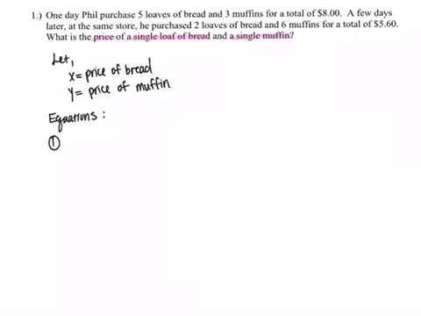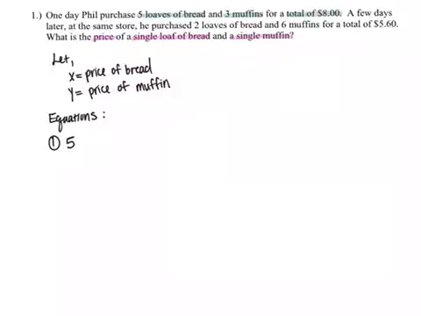For the first equation, we're talking about the 5 loaves of bread and 3 muffins. I'm going to highlight that piece of information because it's important. 5 pieces of bread and 3 muffins, when you buy those, it's a total of $8. So let's think about it. If I wanted to know the price of 5 bread, I would multiply 5 by the price of the bread.